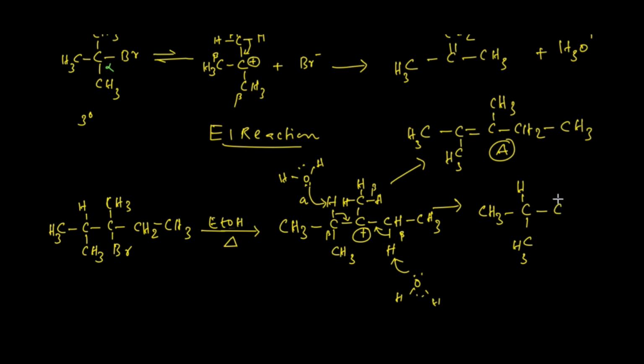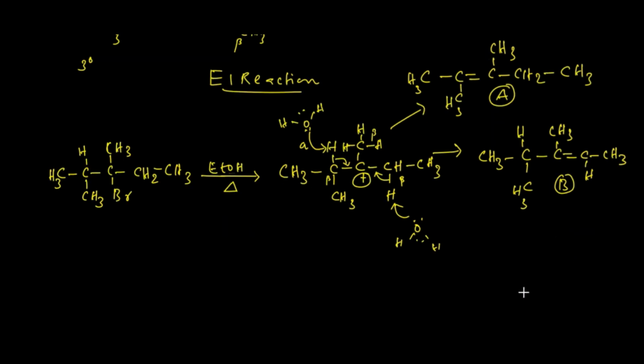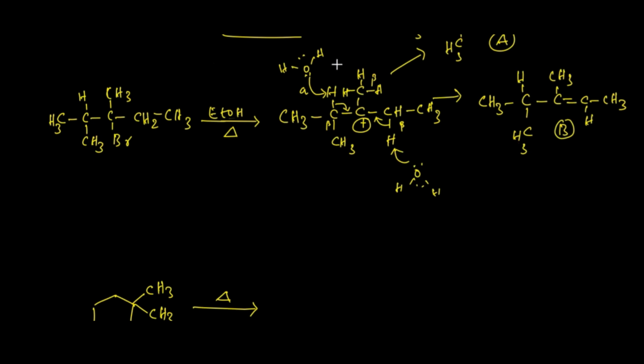So this CH3, this one CH, and CH3. Okay, this is the product B. And if I show this one, suppose this one is another beta carbon, if it attacks this beta carbon hydrogen, what will happen?